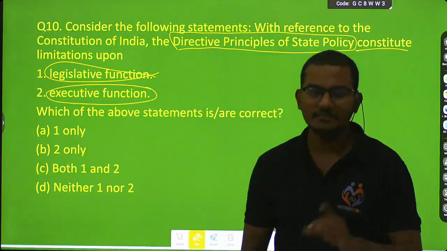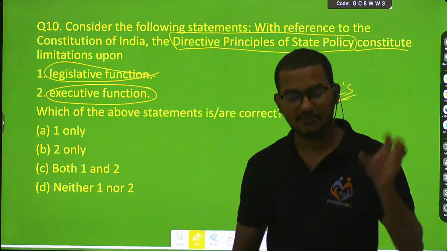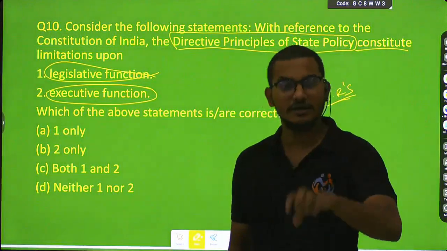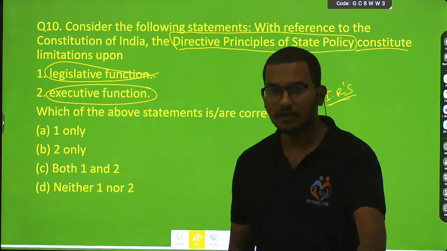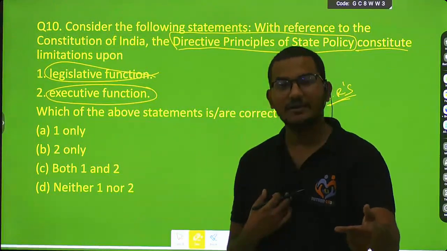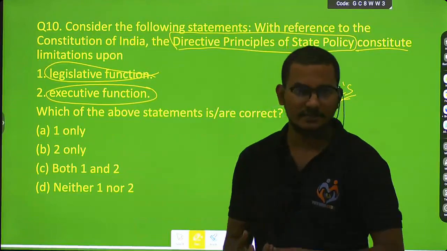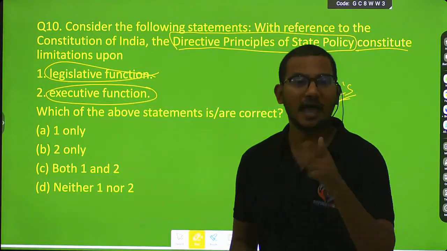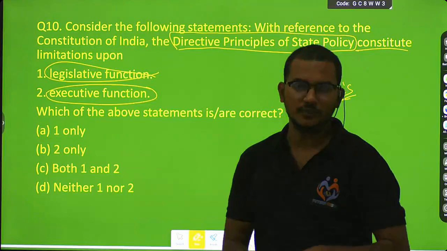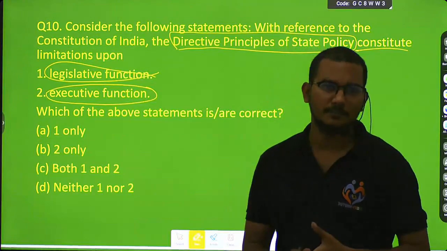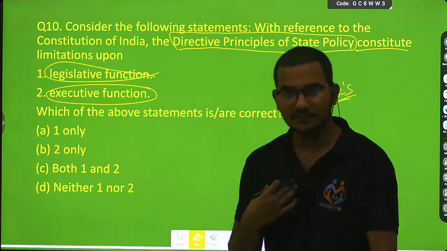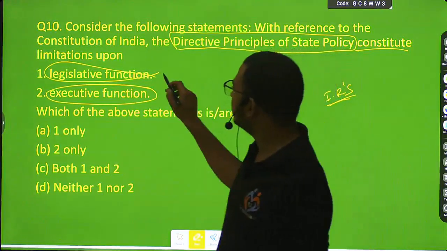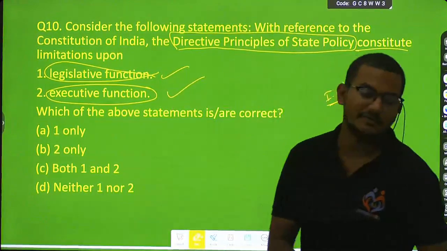Which means fundamental rights put restrictions on the legislature as well as the executive. It protects us from the arbitrary laws of the legislature and from the arbitrary actions of the executive. So when they are enforceable, they will put limitations on legislative and executive functions.